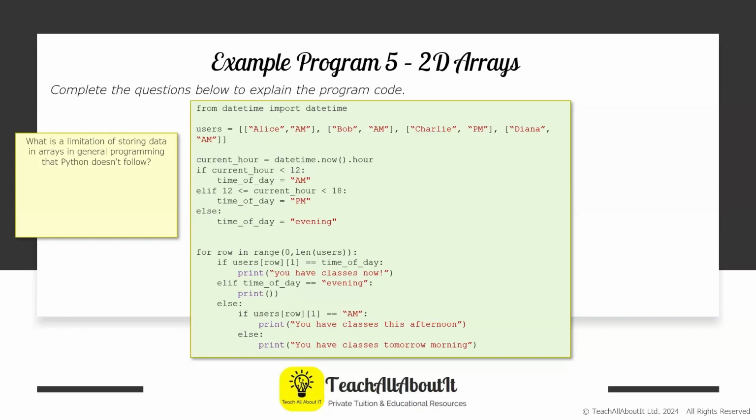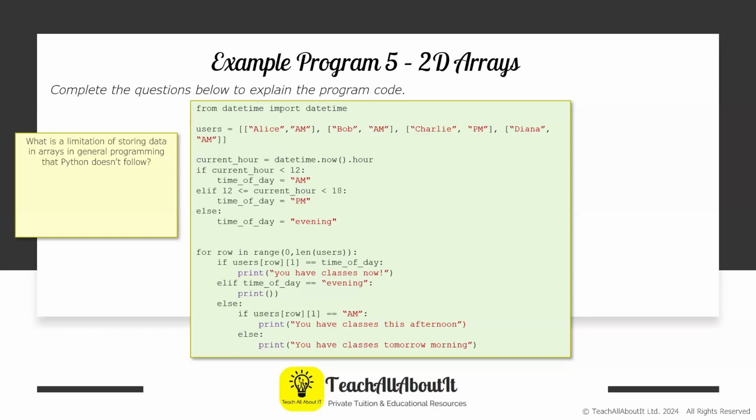And again, one of the other things to remember is that Python allows us to do a few things that most programming languages don't. So there is a limitation of storing data in arrays that you will have as an expectation. So they will expect you to state this even though Python allows you not to.